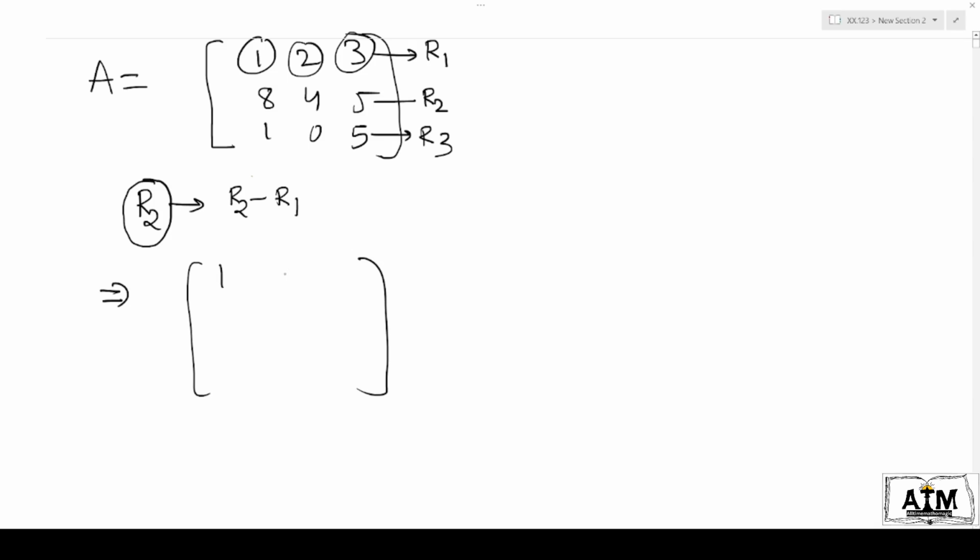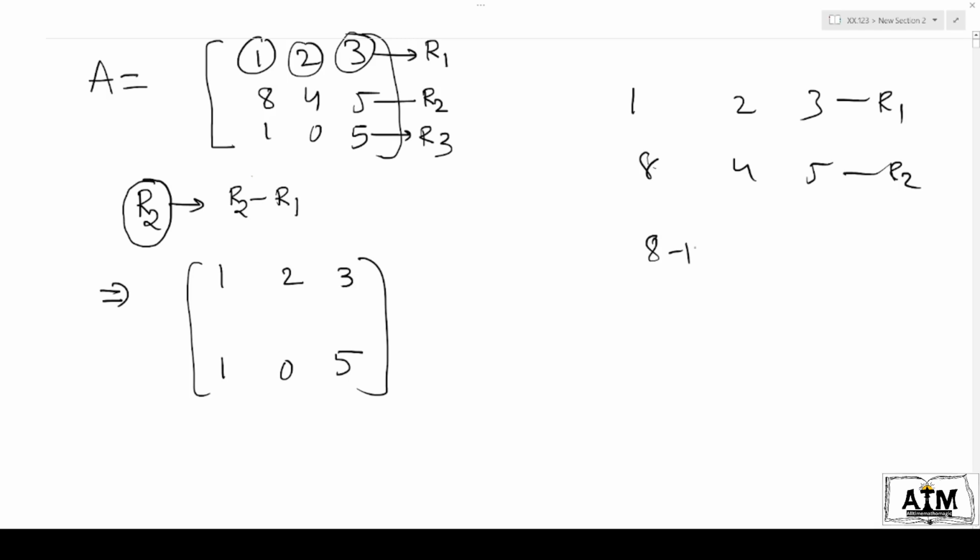So 1, 2, 3 will remain the same and R3, 1, 0, 5 will remain the same. Only R2 will change. From R2 you have to subtract R1. So here is 1, 2, 3 and 8, 4, 5. This is R1 and this is R2. What is written? R2 minus R1.